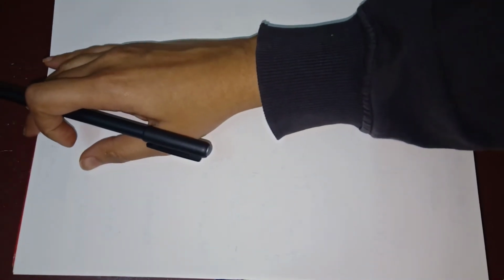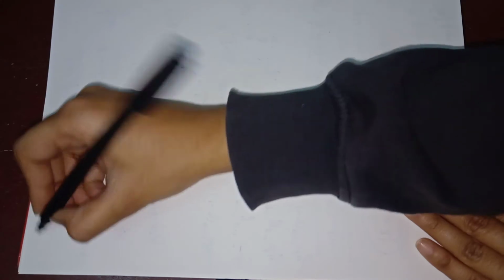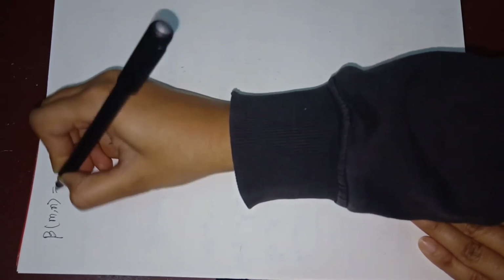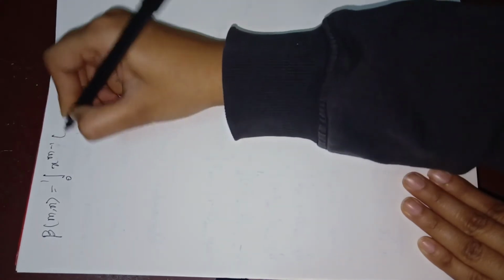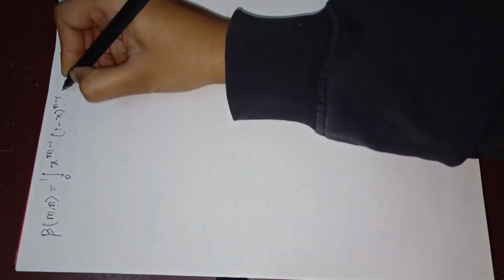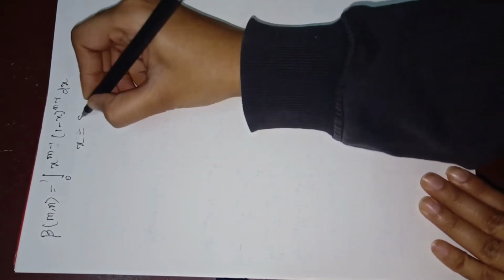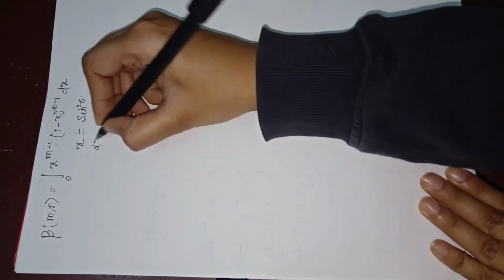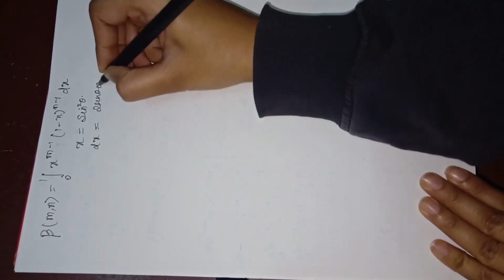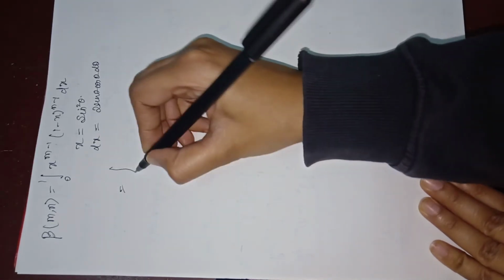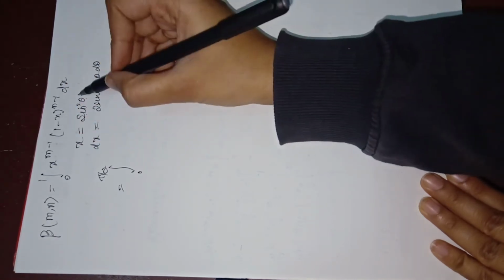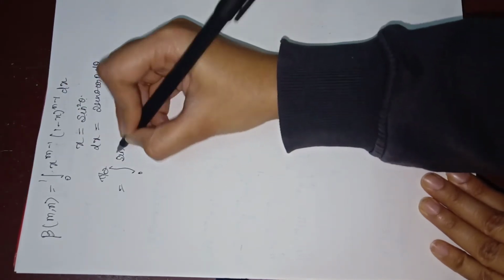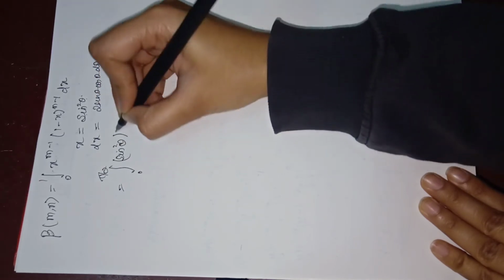You just have to substitute the value of x as sine square theta in the main definition of beta mn. So what is the main definition of beta mn? 0 to 1, x raised to m minus 1, 1 minus x raised to n minus 1 dx, right? Now I just substitute x as sine square theta. I have dx equal to 2 sine theta cos theta d theta. The limits will be 0 to pi by 2 because sine 0 is 0, sine pi by 2 is 1. Here it is sine square theta raised to power m minus 1.